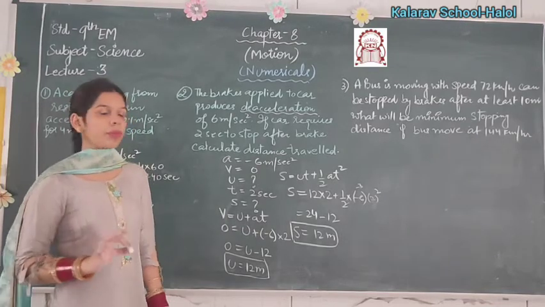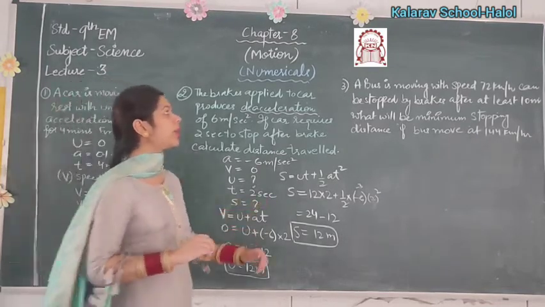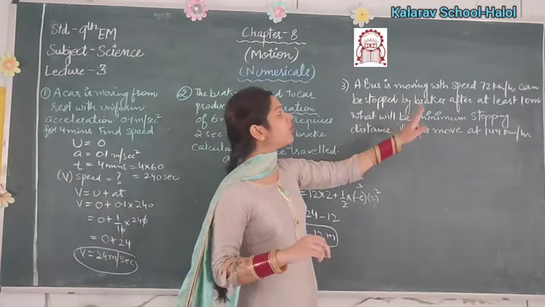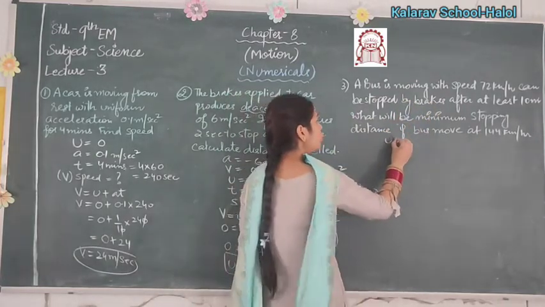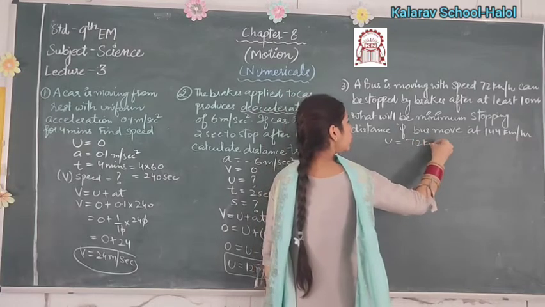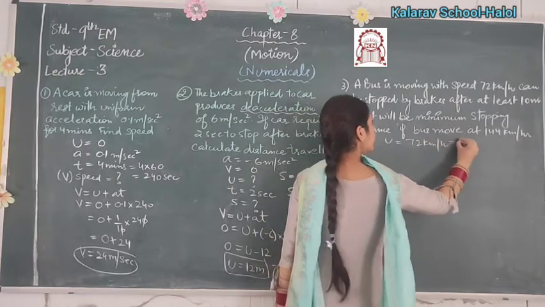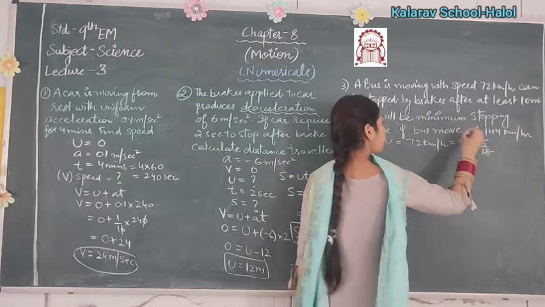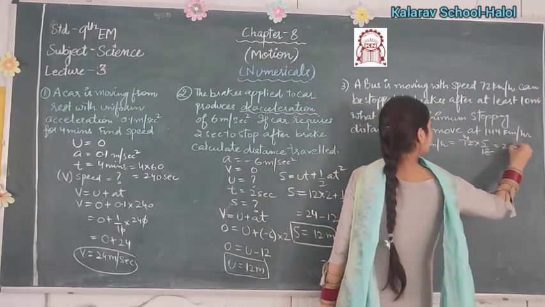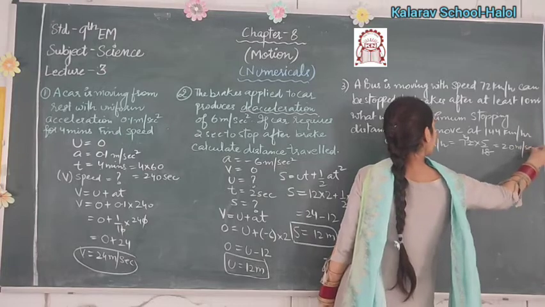So clear? Okay. So the next numerical is a bus is moving with speed 72 km per hour. So it is U, 72 km per hour. So convert it into meter per second. It is 20 meter per second.